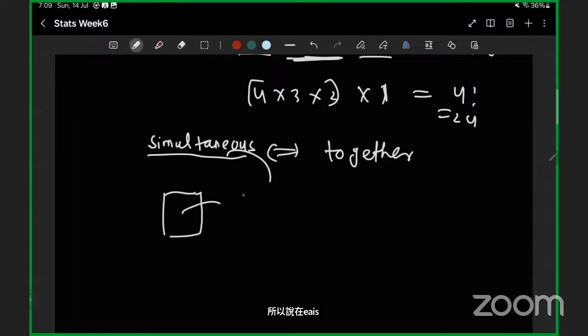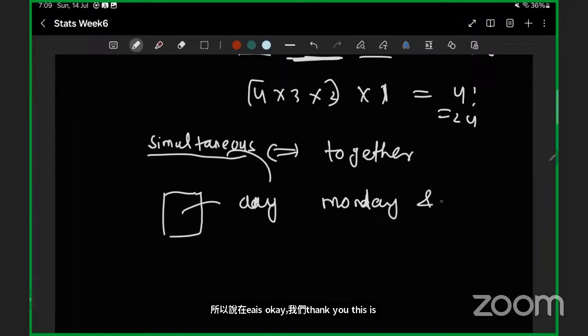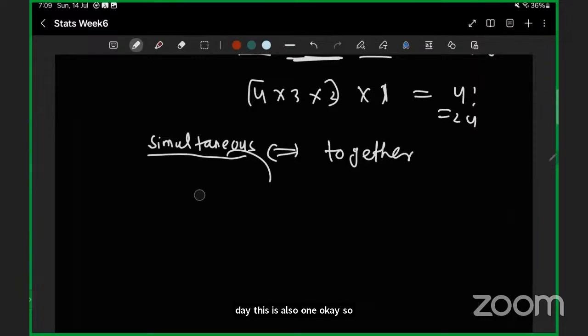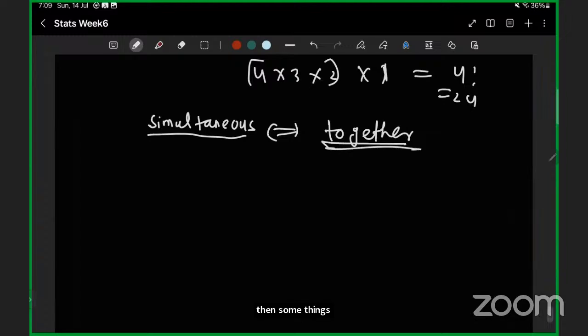What is the chance that a day is Monday and the date is also one? This is a simultaneous condition, a simultaneous case. When something is happening together, that is simultaneous.